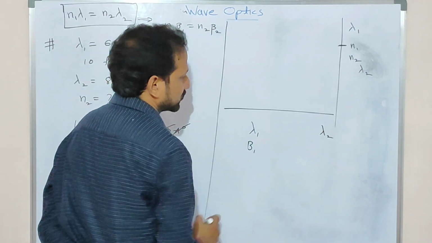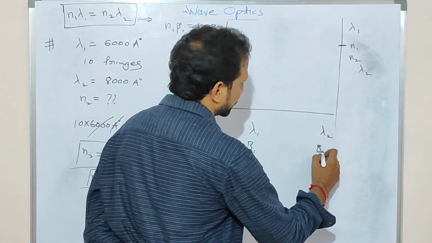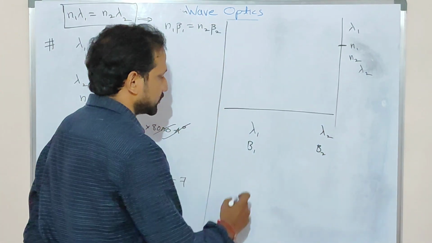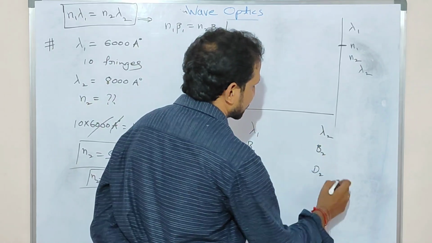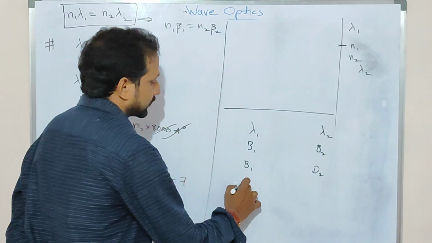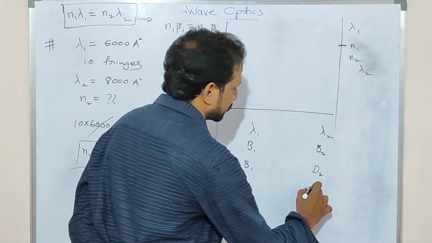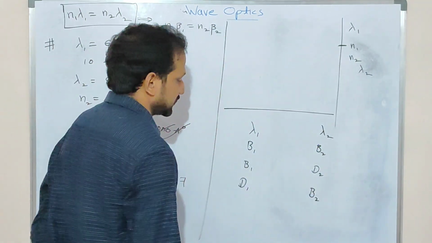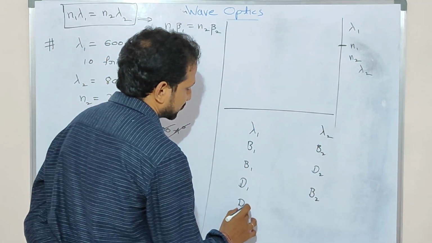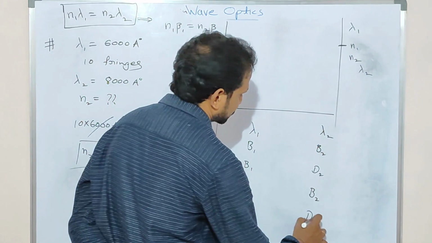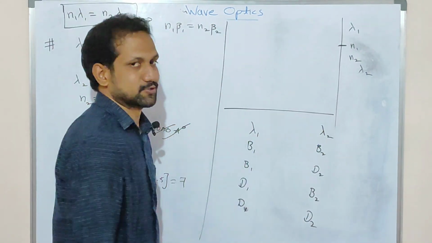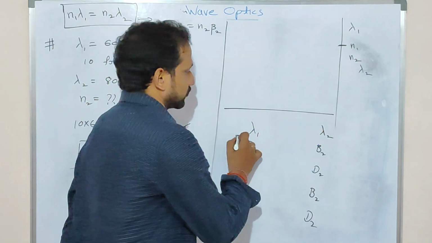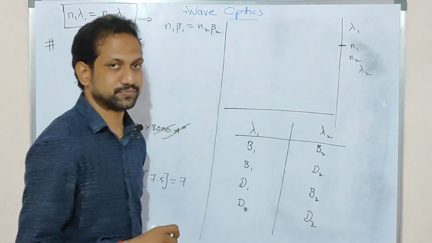So the bright fringe of the first one may coincide with the bright fringe of the second one. Bright fringe of the first one may coincide with the dark fringe of the second one. Dark fringe of the first one may coincide with the bright fringe of the second. Dark fringe of the first one may coincide with the dark fringe of the second. Are you understanding that? So there are four cases actually. We are going to discuss this elaborately.